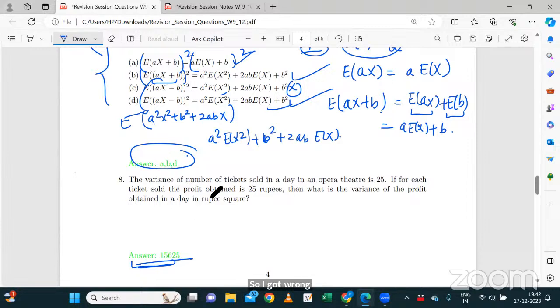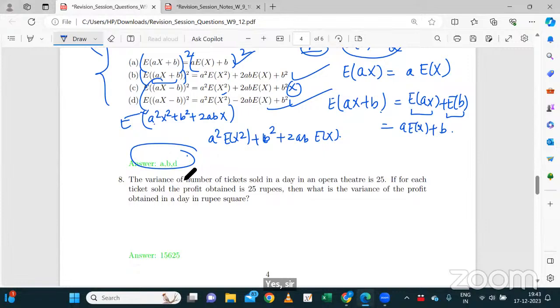Who got 15,625? 25 times variance of X, square, V of 25x. How did you decide this one? For one ticket, profit is 25. For n tickets, it is 25x. Correct, that's the main approach you have to identify.